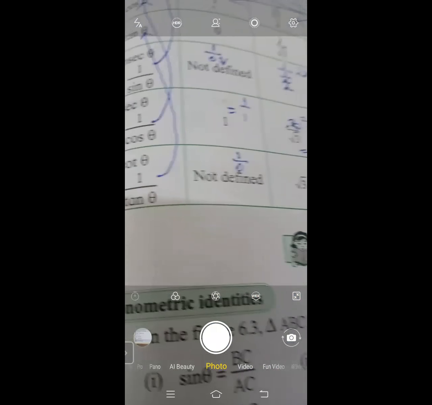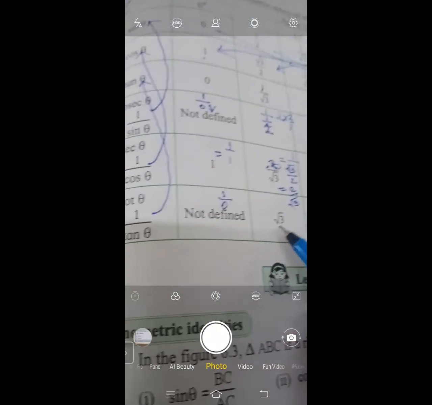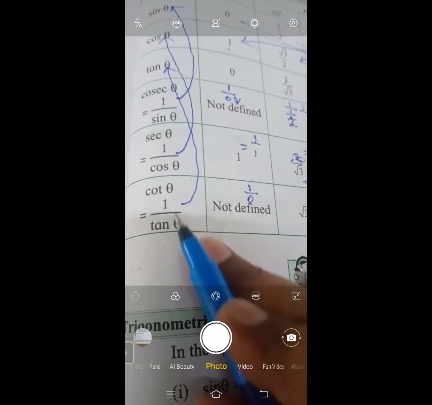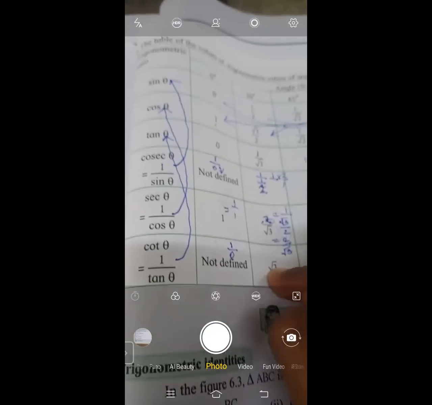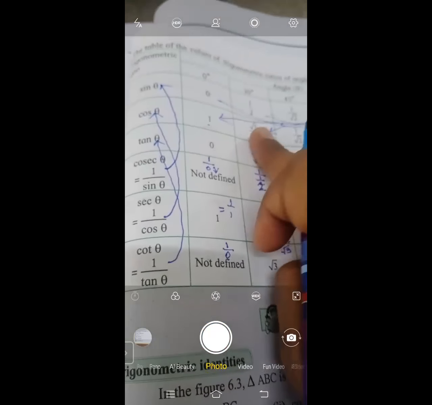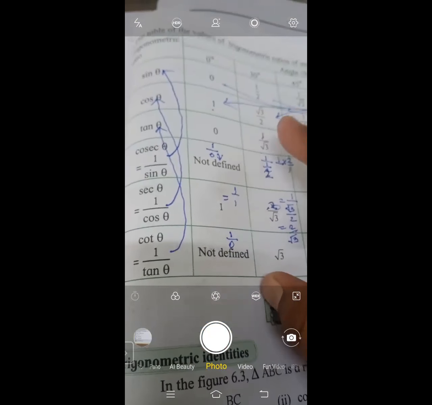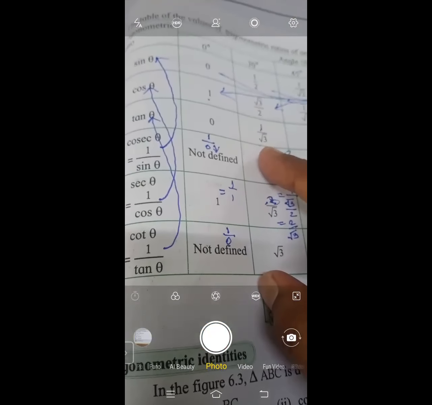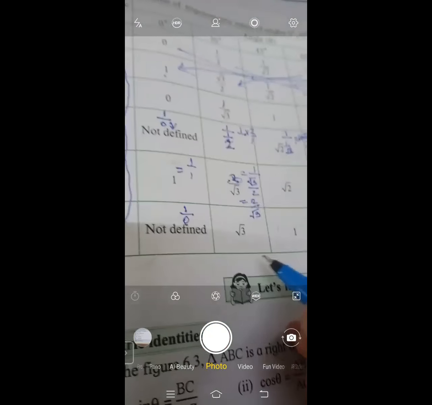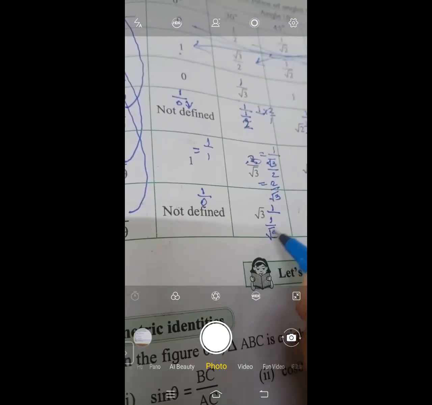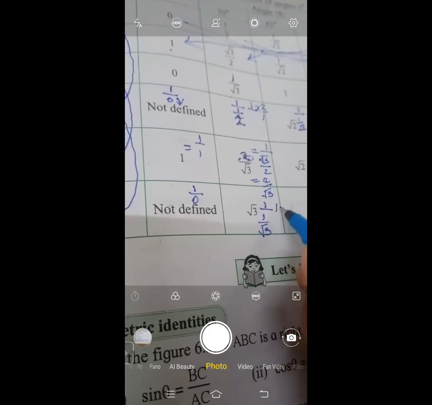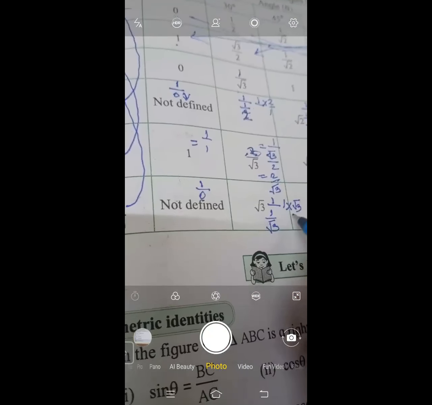After that, cot theta is equal to 1 upon tan theta. For which value am I finding? I am finding for cot 30 degree. So what is tan 30 degree? It is 1 upon root 3. Again, we take the reciprocal of the denominator, which becomes 1 into root 3 upon 1.